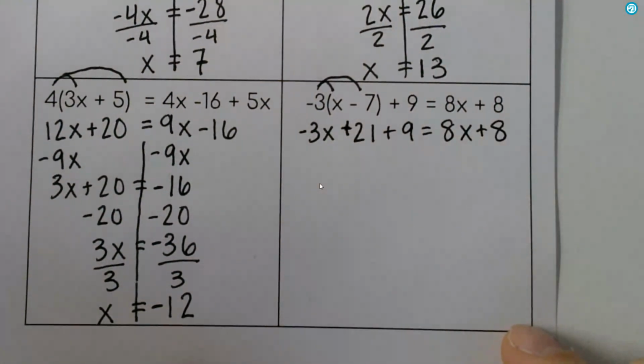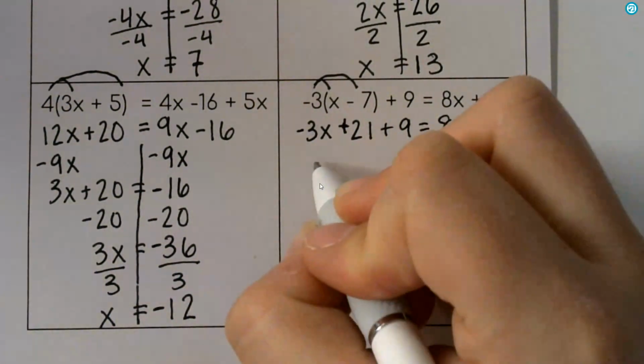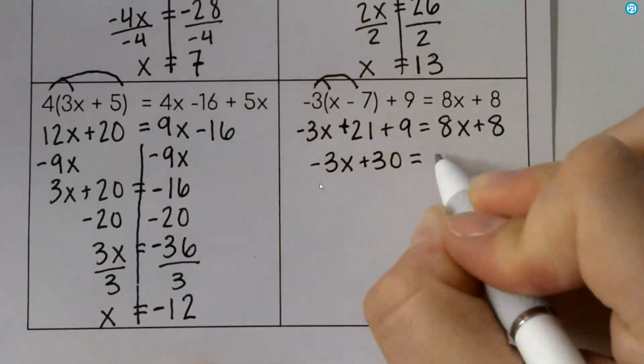So this one, I distributed on the left, and then I'm also going to combine like terms on the left. All of my prep work is happening on the left, and I need to do it in 2 separate steps. Don't try to distribute and combine like terms at the same time, because you'll get off. Now I can combine my 21 and 9 together. So I've got negative 3x plus 30 equals 8x plus 8.